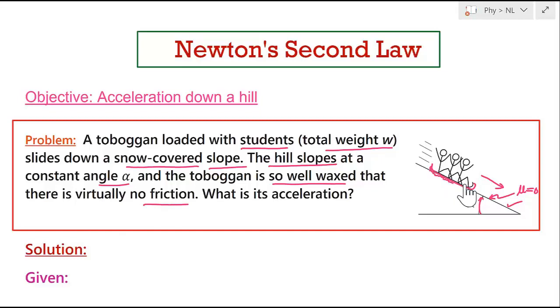One thing is this is a snow surface and this is waxed. So we can assume there is no friction acting between this toboggan and this inclined surface. That is a smooth sliding. Now the question says, what is its acceleration? So we have to calculate the acceleration of this toboggan.